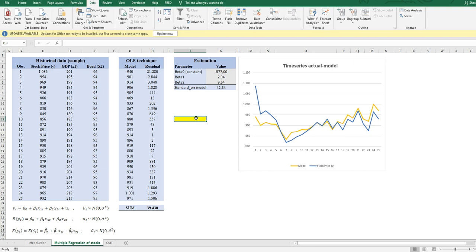So the expected value of the real stock price in 1 year is given within, say, a 95% confidence interval, where you have the predicted value here plus minus the statistical uncertainty given by minus 1.96 times the standard error, and on the other side plus 1.96 times 42.3.